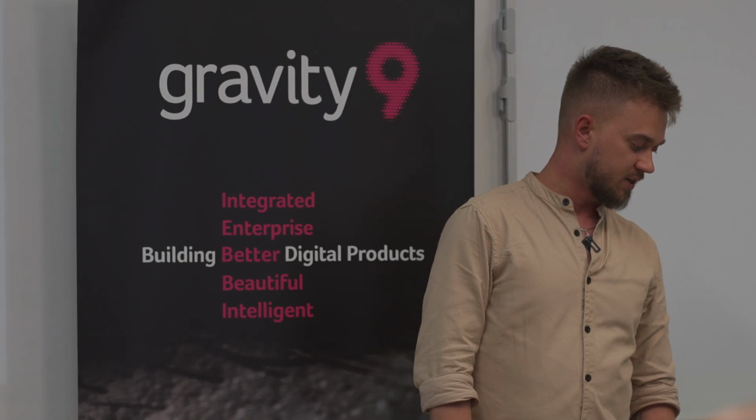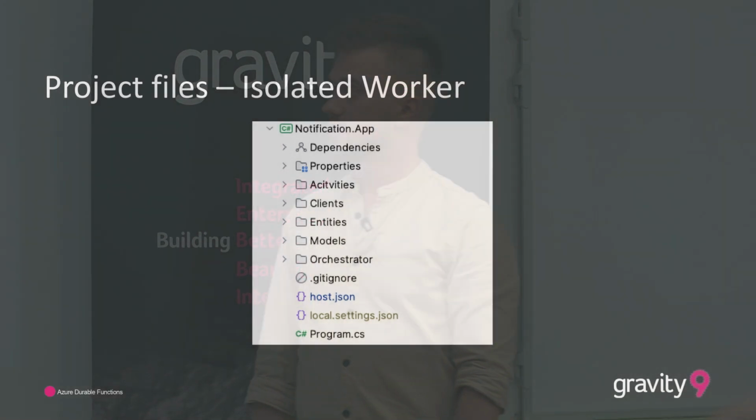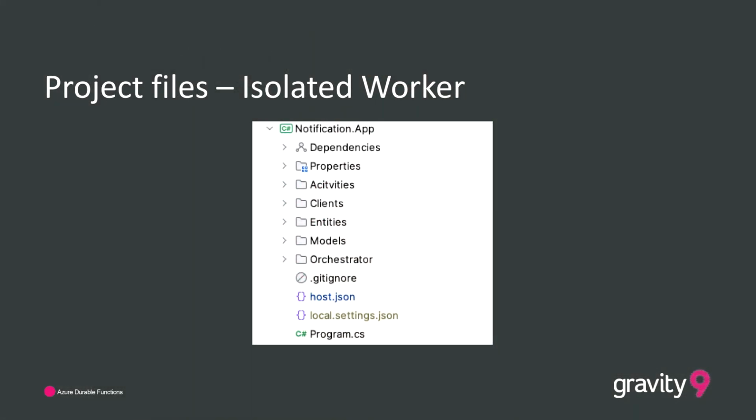And here the isolated worker comes into play, and it gives you more flexibility. It gives you all the control over the dependencies and the framework. With this, you decide if this is going to be .NET Core 3.1 or a newer one.